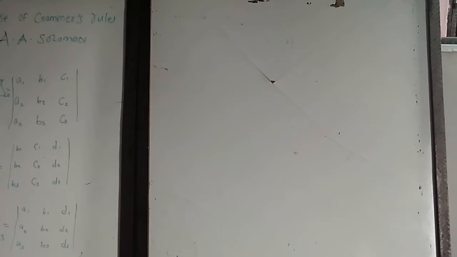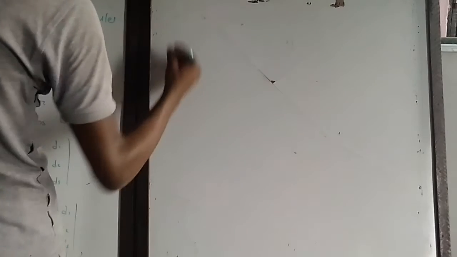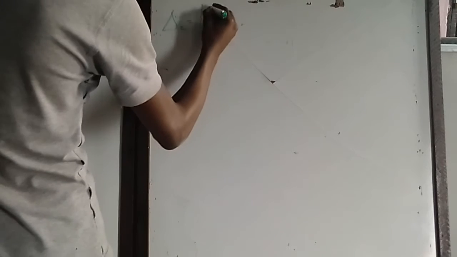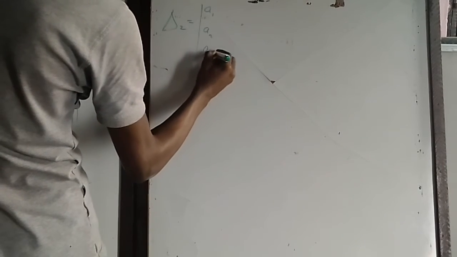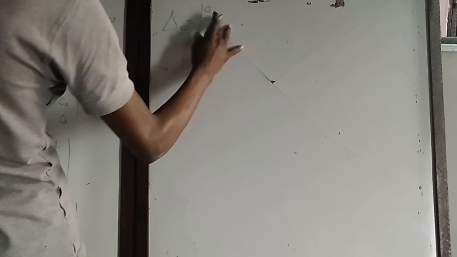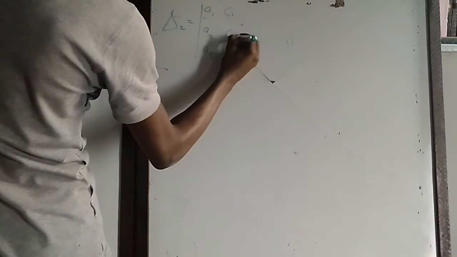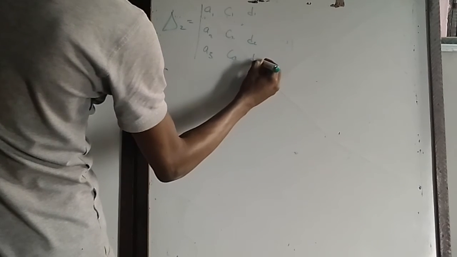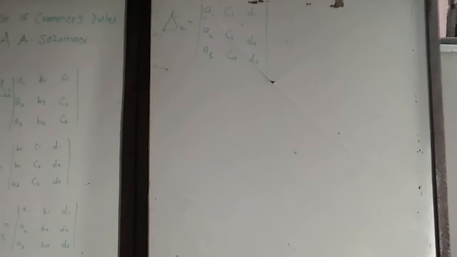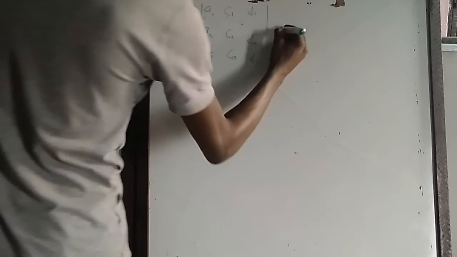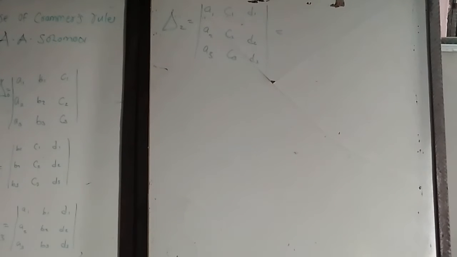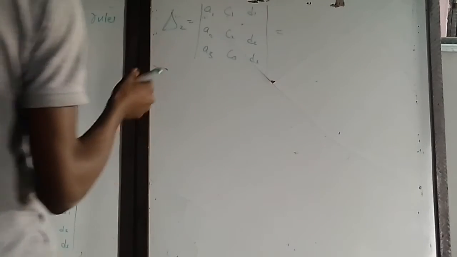Let me solve for D2. Our D2 formula is A1, A2, A3, then C1, C2, C3, D1, D2, D3. Do you understand? So we are going to have our A1.